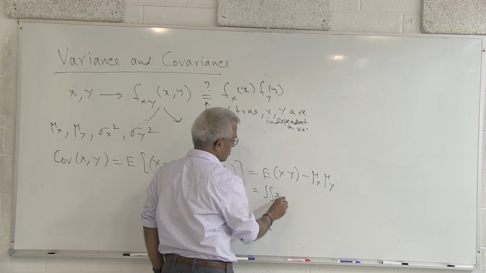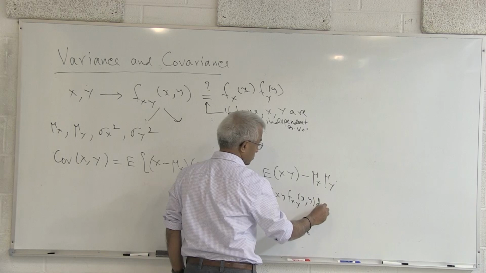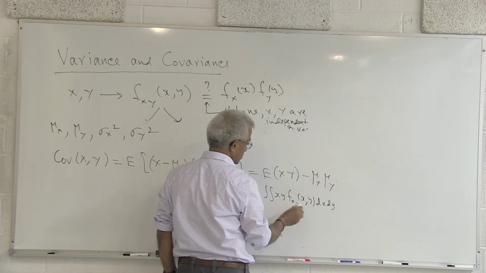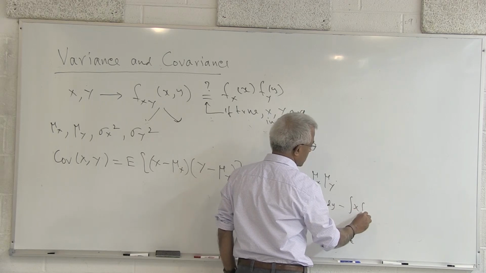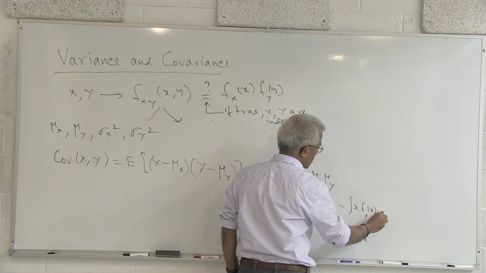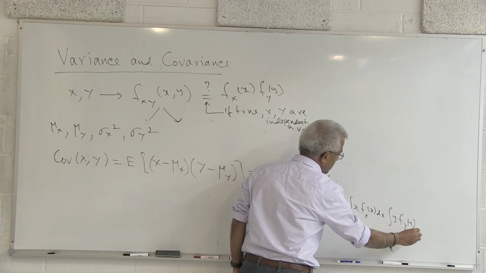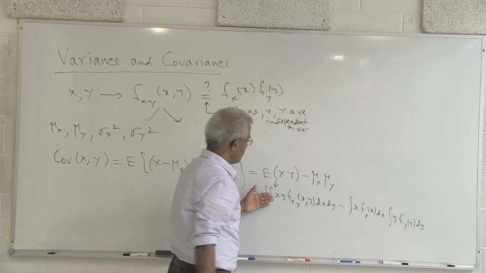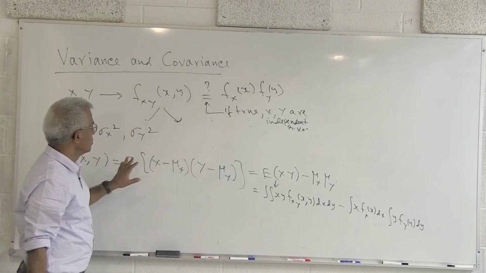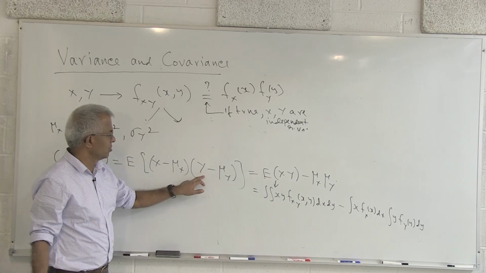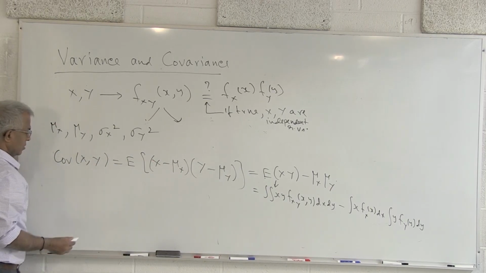In other words, this term needs to be computed using the joint density function. This term minus each of the means, x fx of x dx, minus y fy of y dy. So this is the first time we are bringing in some joint description, and why this is called covariance is because if you put y equal to x, this becomes the variance expression.